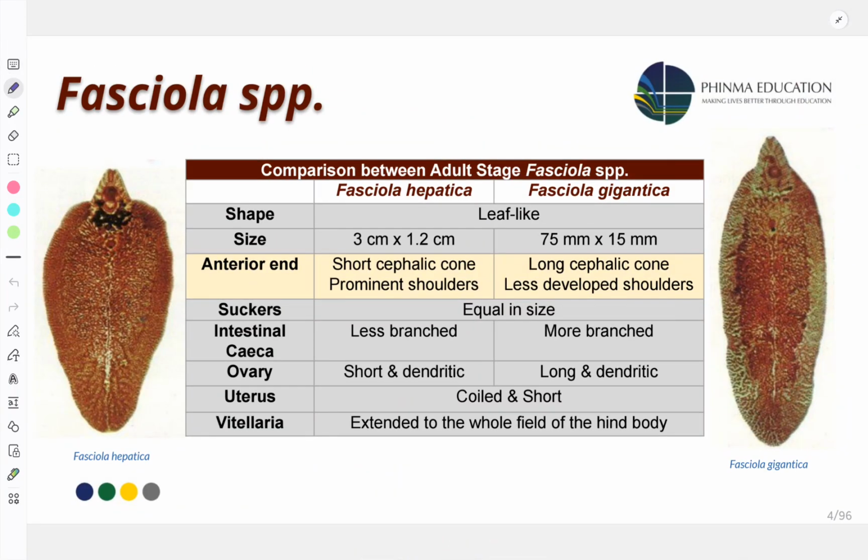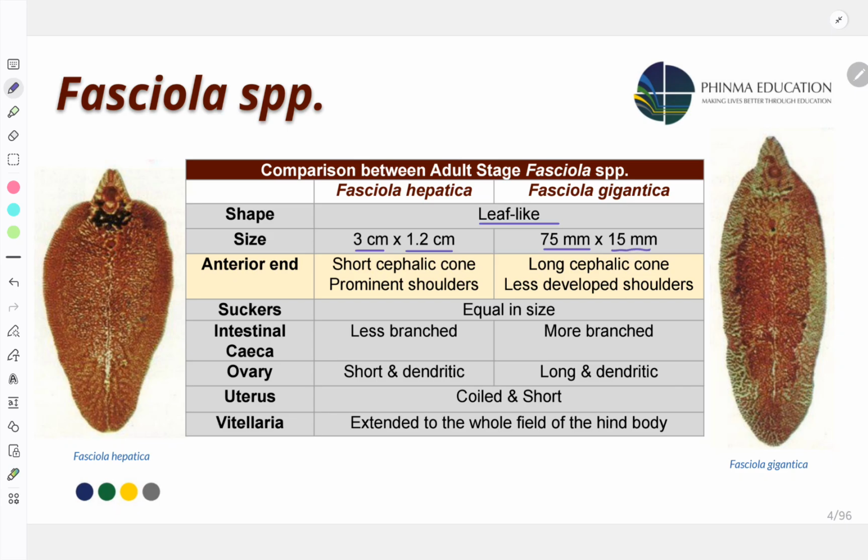Like all other trematodes, the shape is leaf-like. The size, Fasciola hepatica measures 3 centimeters by 1.2 centimeters, while your Fasciola gigantica is 75 millimeters by 15 millimeters.